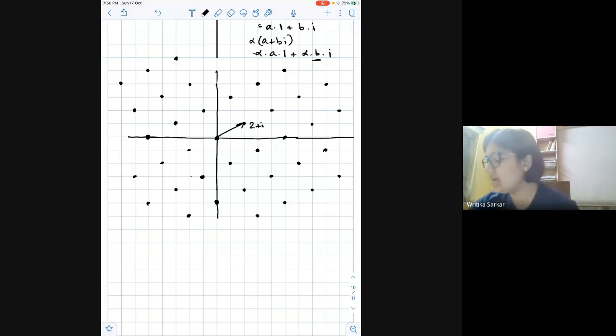And what your division lemma is saying is that you have a point here. Let's say this is some alpha, and your beta is 2 plus i.